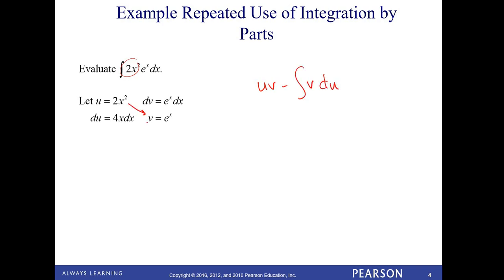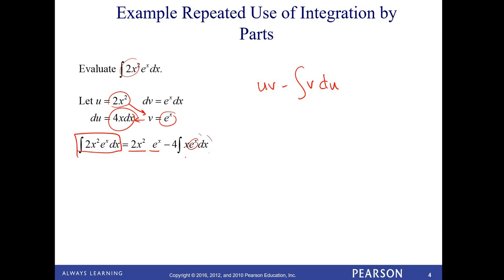And again, these are the parts that I'm using. So my setup will be, that's my original problem equals u times v minus the integral of v, my e to the x, du, my 4x dx.